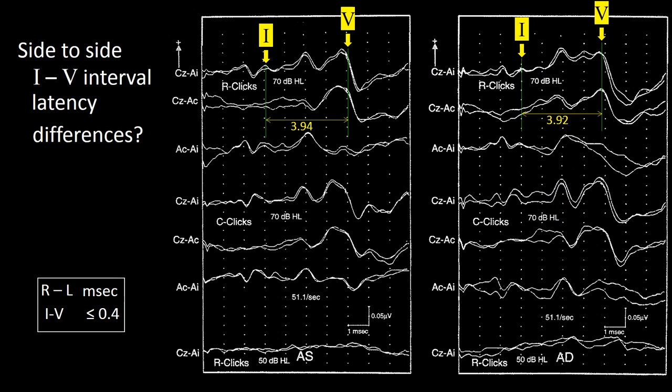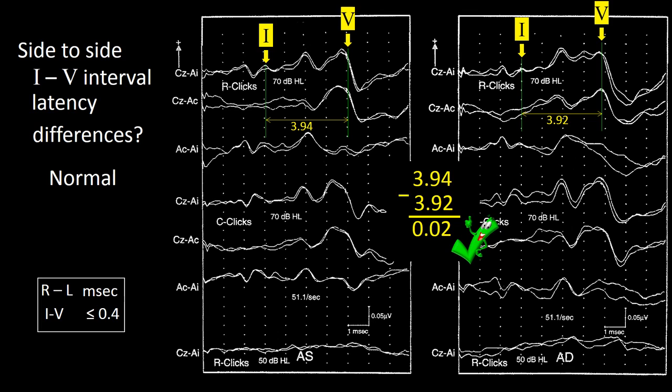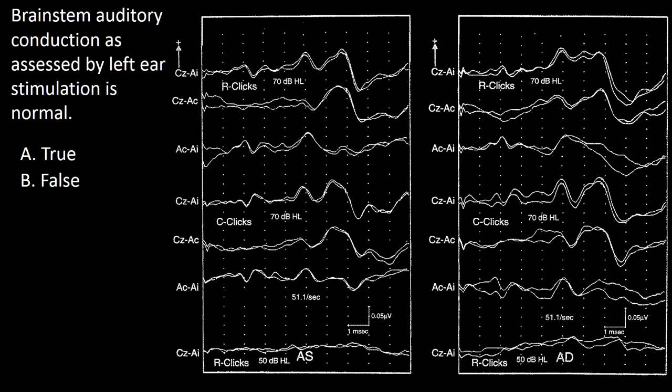Now that we know that the interpeak latency produced by left and right ear stimulation are normal, we subtract them to see the difference. And as you can see, the difference is within the normal range. So the answer to this question is true.